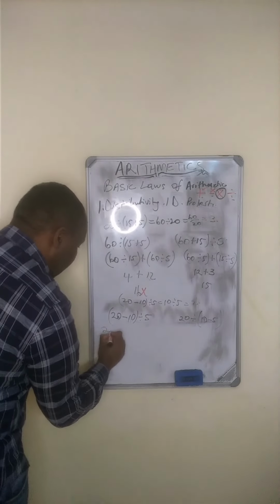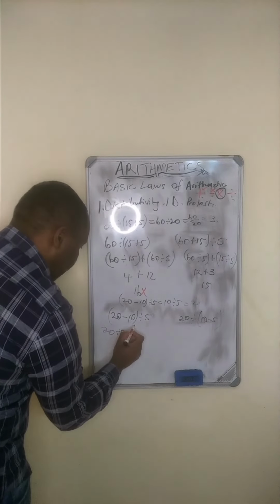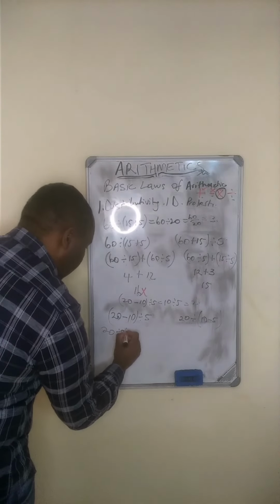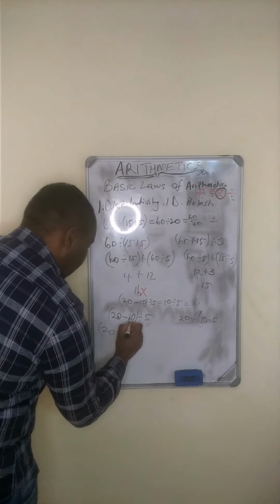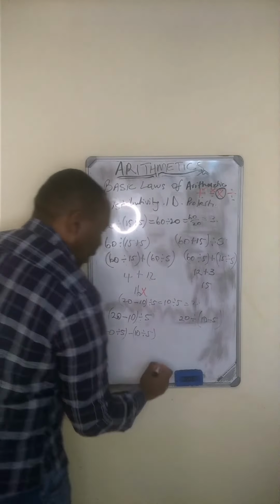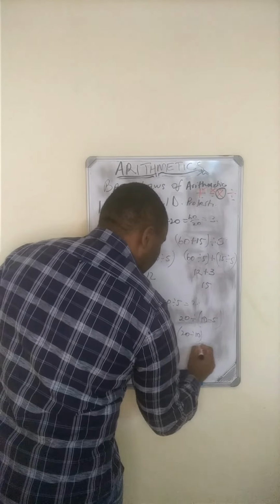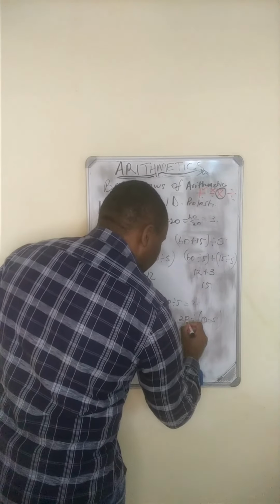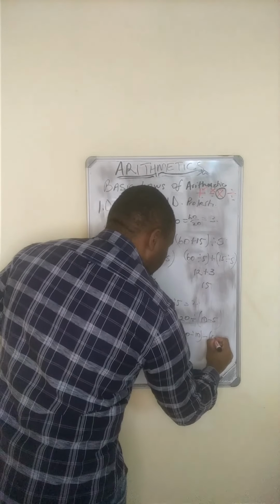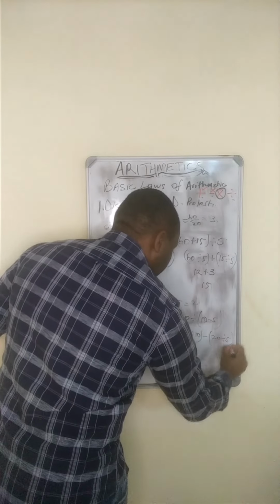Now let's split this and say 20 divided by 5 in brackets minus 10 divided by 5. Let's come this side. 20 divided by 10, open and close brackets, minus, open bracket, 20 divided by 5.